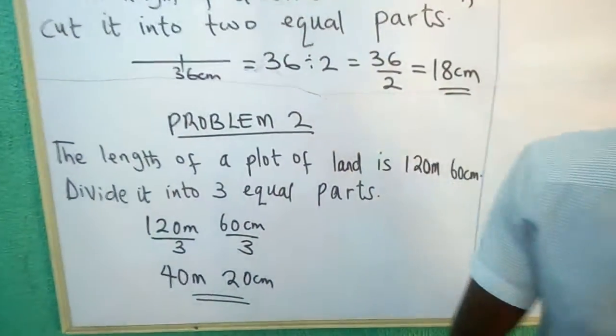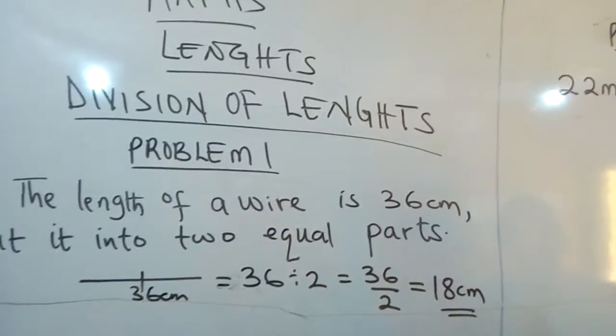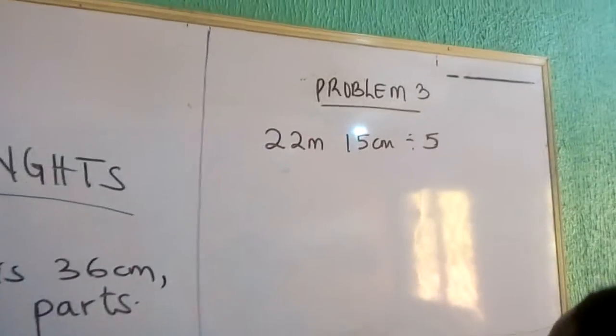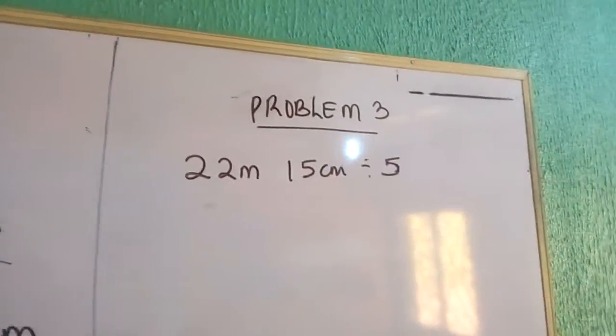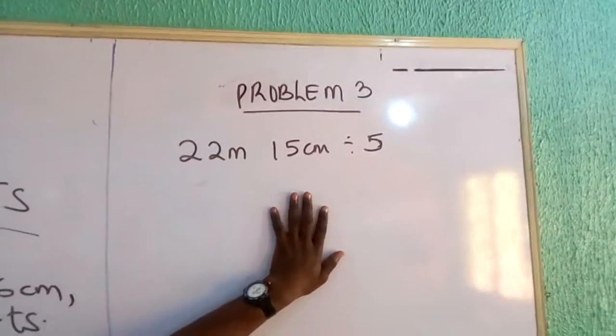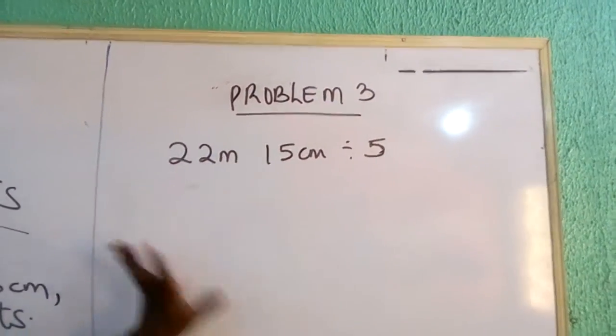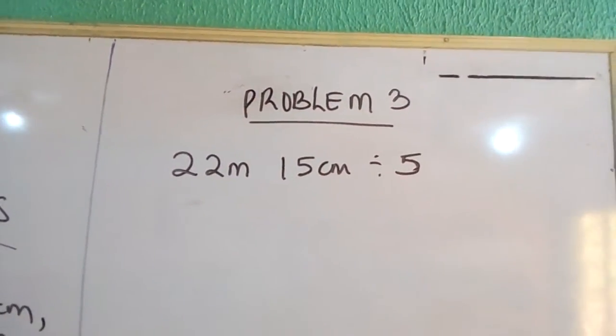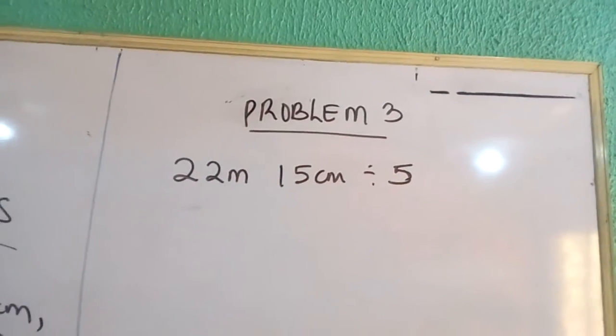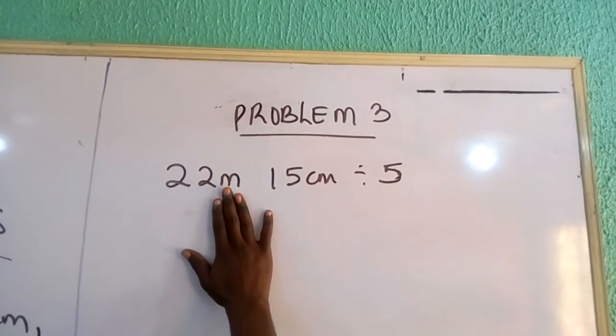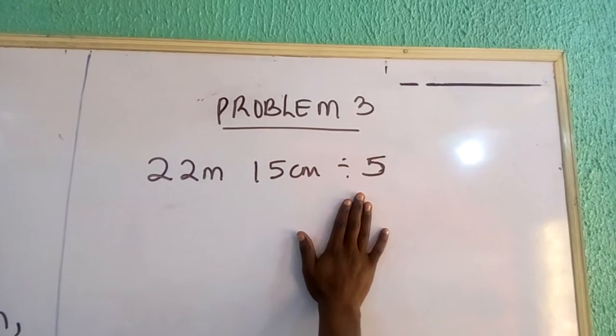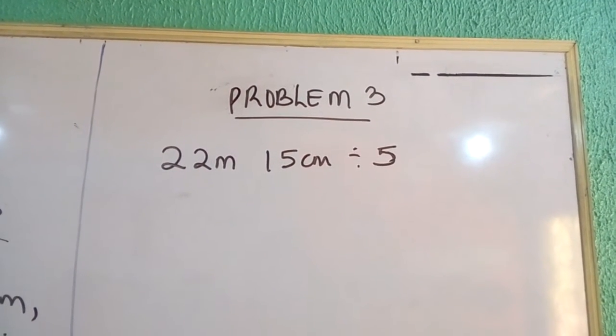Coming to this part, I think this is one of the most complex questions out of the problems we're going to solve. So you have to be very, very attentive. This time around, we're dividing 22 meters, 15 centimeters by 5.